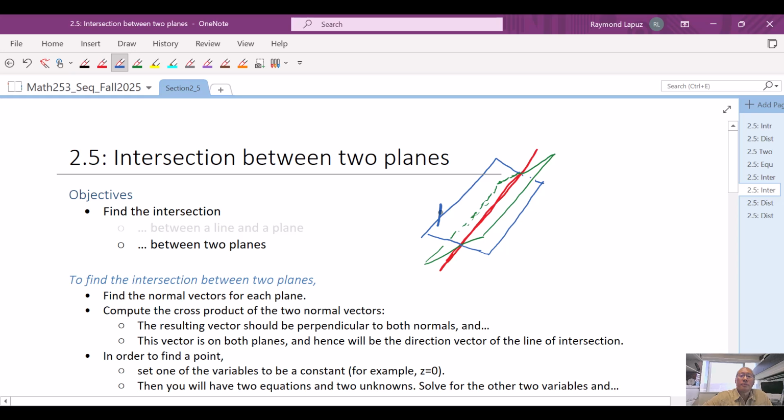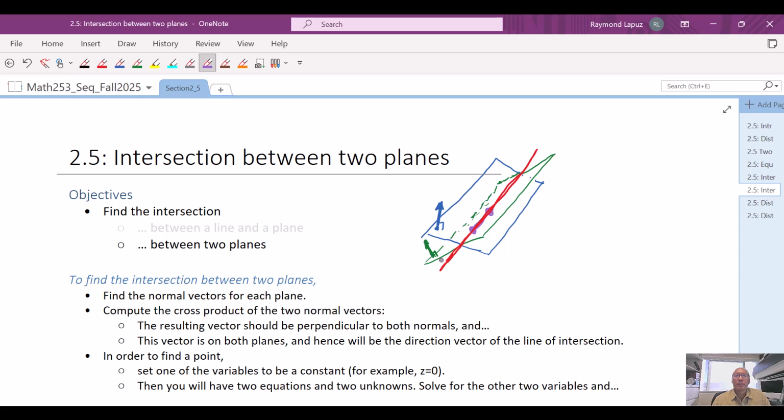The first plane has a normal vector that's perpendicular to the plane, and the second plane has a normal vector that is also perpendicular to the plane. Now, what we want is a vector that is on both planes, on the blue plane and simultaneously on the green plane.